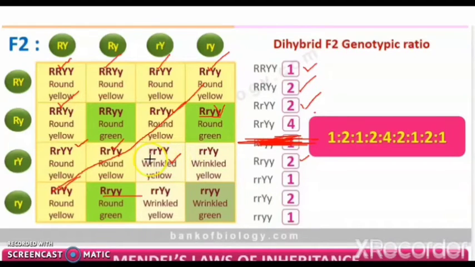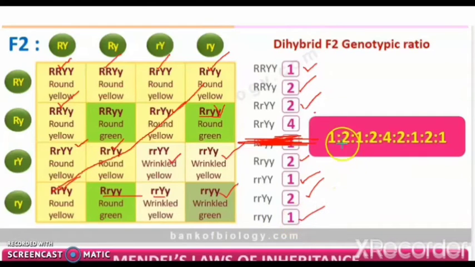It is just 1 in number. So the ratio is written as 1, and then small r, capital Y, small y. It is also 2 in number here and here, right? So the ratio is 2 again. And then comes small r, small y, it is 1.